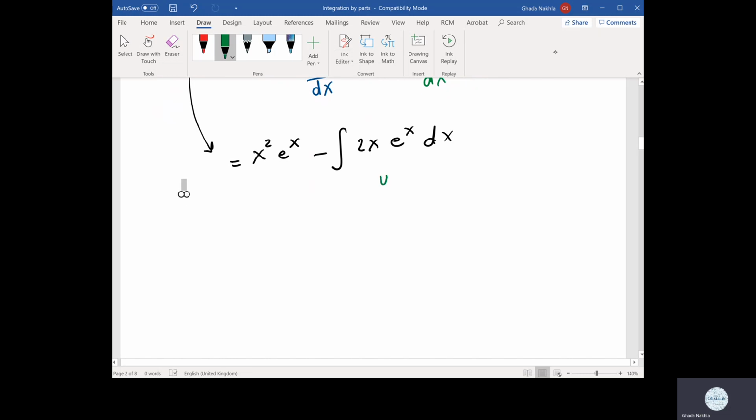So I'm going to have a u as, u will be the first that comes out of the word LATE. I can't see any logs there or ln. So I'm going for algebra, which is 2x. dv by dx is e to the x.